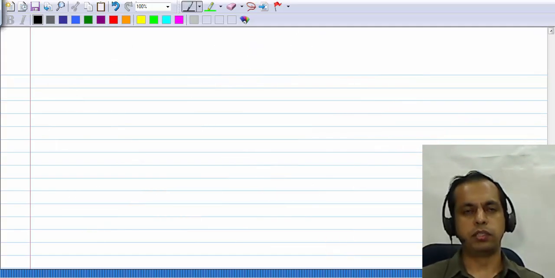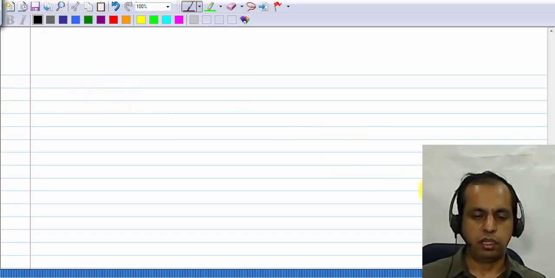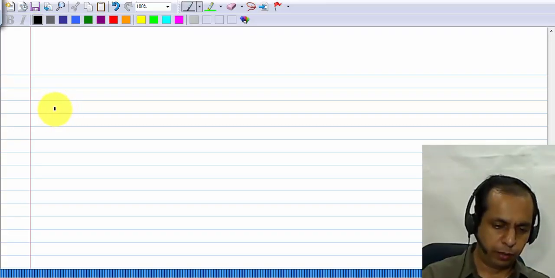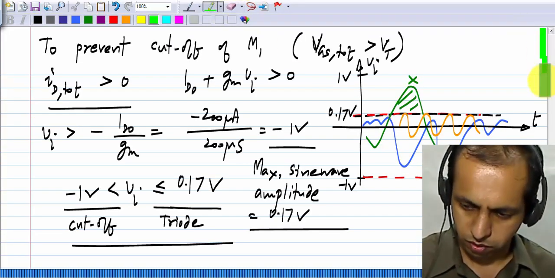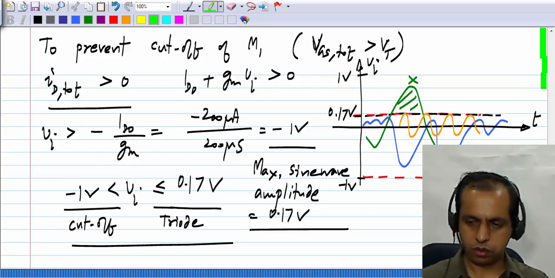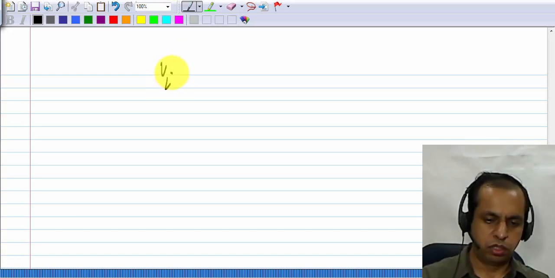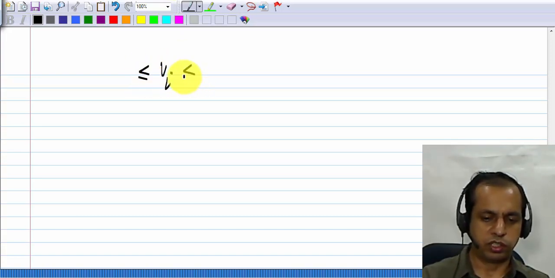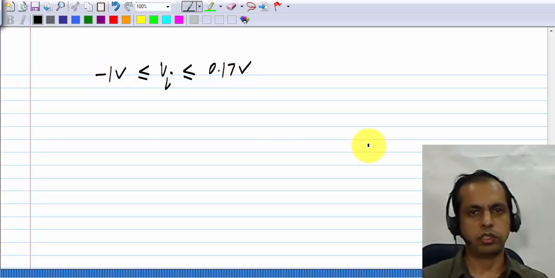Now this cutoff limit is one more interesting thing here to see exactly what happens at cutoff. We have expressed the limits in terms of the input voltage Vi. Vi should be between 0.7 volts and -1 volts.